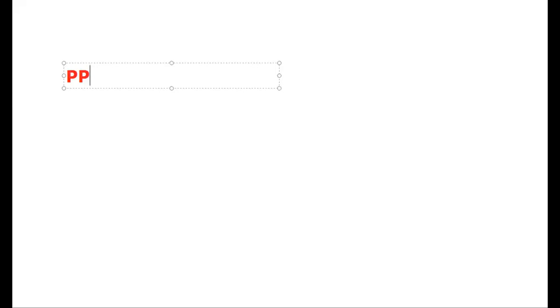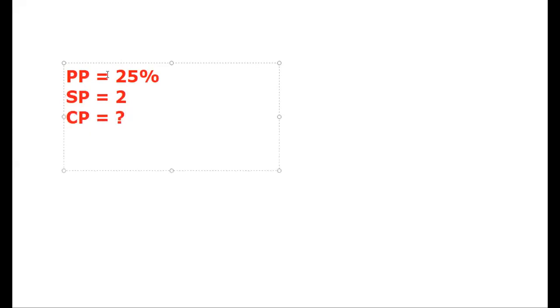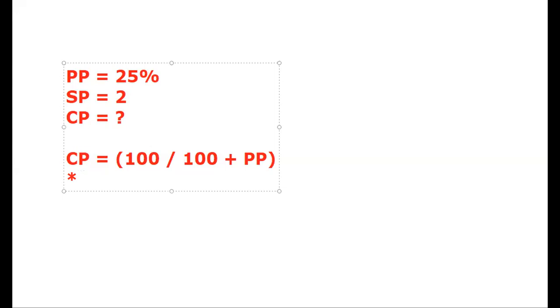Okay, good. So when you are given the profit percent, which is 25%, and the selling price, which is 2 Ghana cedis, and you are asked to find the cost price, the formula is: cost price is equal to 100 over 100 plus profit percent, times the selling price.